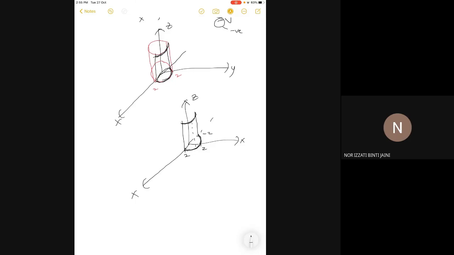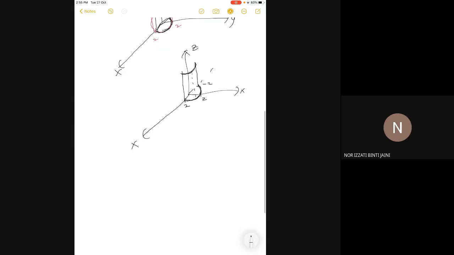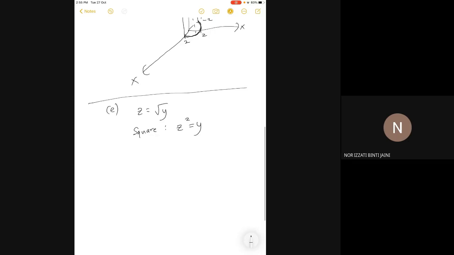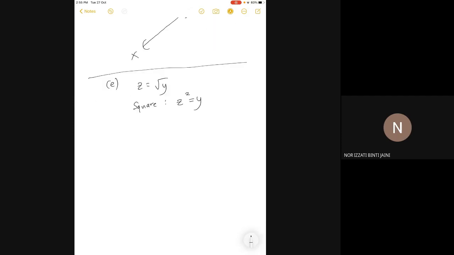So any square root is a half of original. Contoh E. Dia tengok E sebab dia square root juga. Okay, so kalau saya square both sides, saya akan dapat Z kuasa 2 sama dengan Y. Okay, bentuk apa Y equals to Z kuasa 2? Parabola kan? Okay, X tak ada kan?